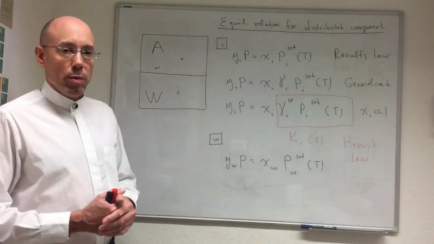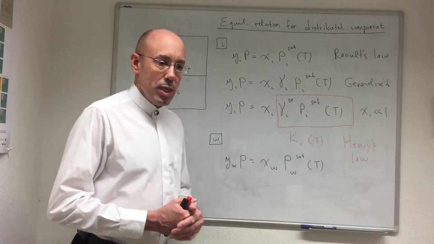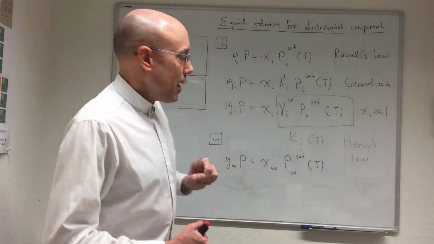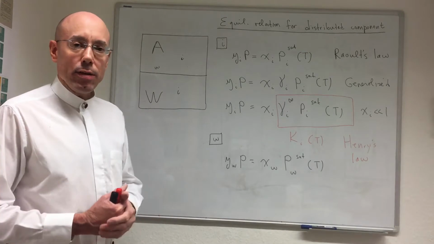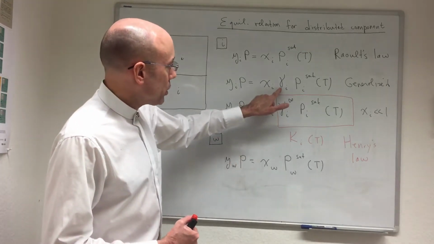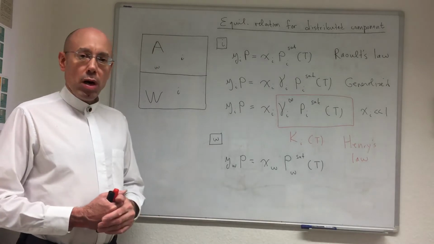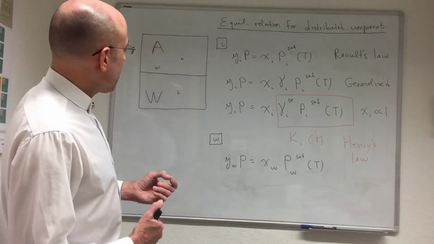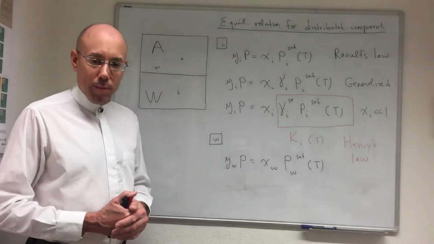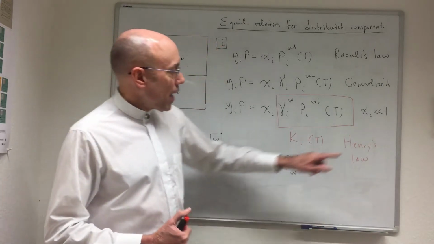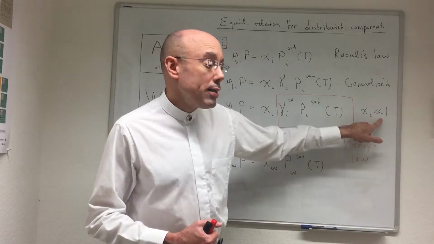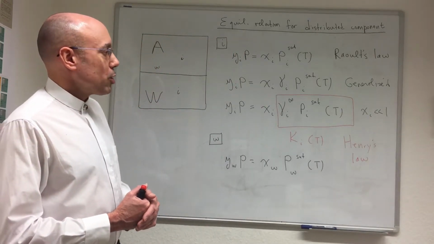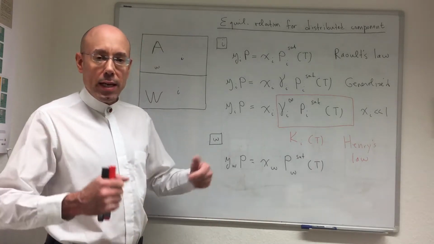The more general equilibrium relationship, which we know and love from thermodynamics, is y_i P = x_i γ_i P_i^sat, and that means that we allow for non-ideality of the liquid solution and put in this activity coefficient here. A lot of absorption processes occur with relatively dilute solutions, which means that x_i and y_i are quite small. If the concentration of I is a small number, like 0.01, then the activity coefficient is pretty much its value at what's called infinite dilution, at low concentrations.